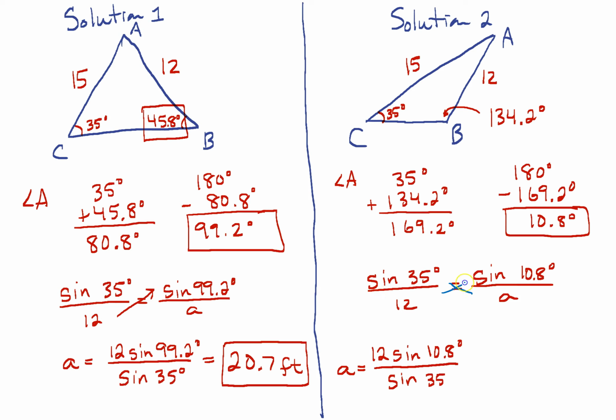If you cross multiply these guys, you get a over here, a 12 over there, and then you just divide by sine of 35, and that'd be easy enough to get there. All right, and then we plug this in. Make sure your calculator's in degrees, and you should get 13.9 feet, and that makes sense there. That can form a triangle. You have 12, 15 over here, 12 over here, and there's 13.9 feet right there.